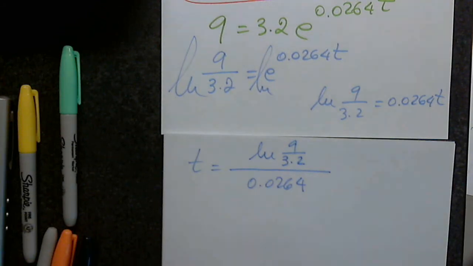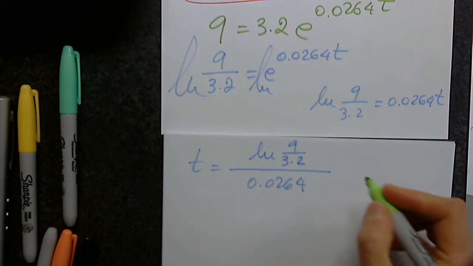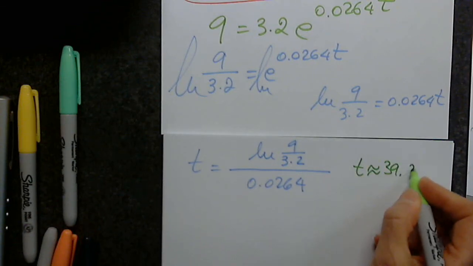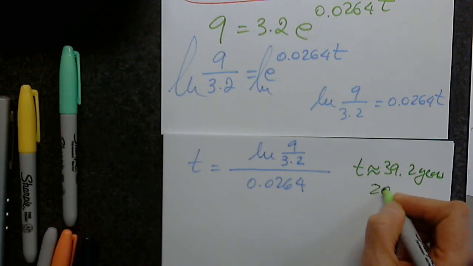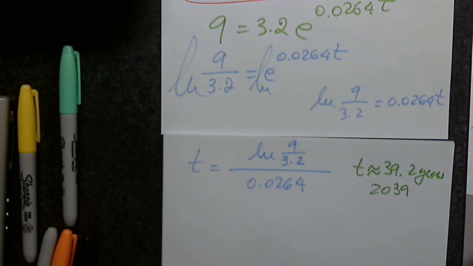Okay, so we have natural log of 9 divided by 3.2. Close the parenthesis and divide everything by 0.0264. So in 39.2, what? Yes. In 2039, it appears that if the model still holds, the population will increase to 9 million.